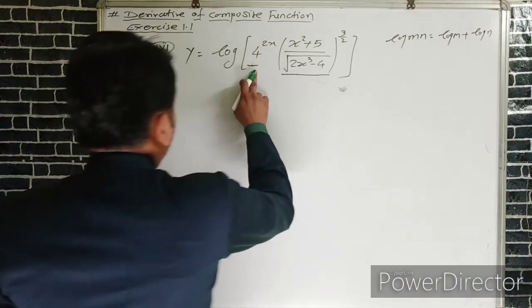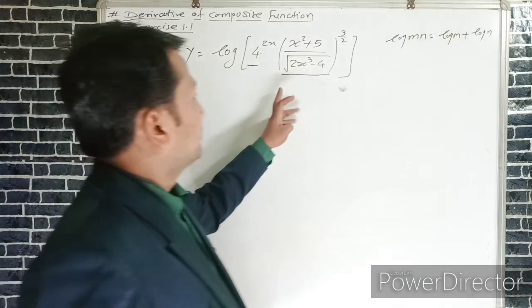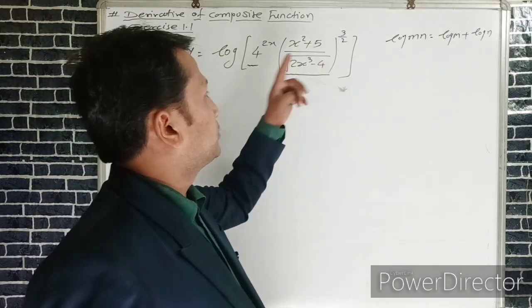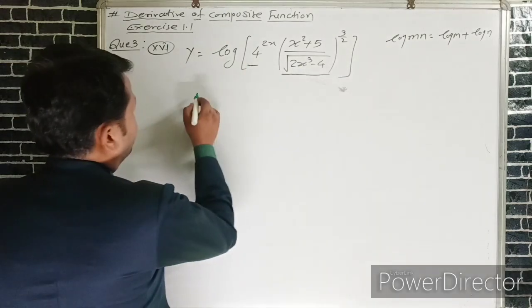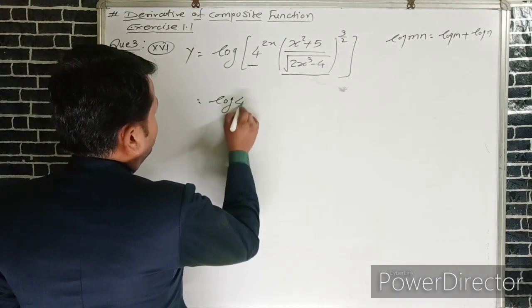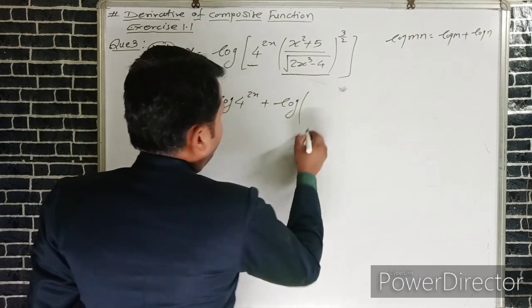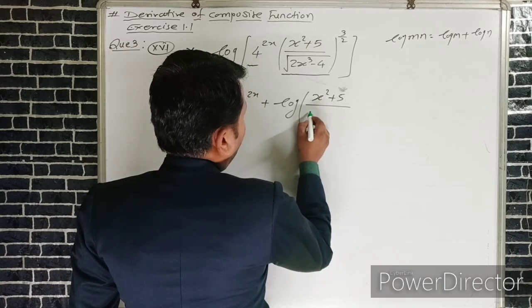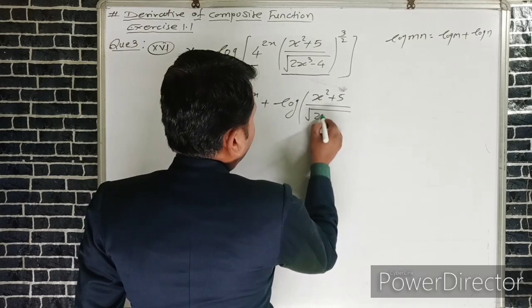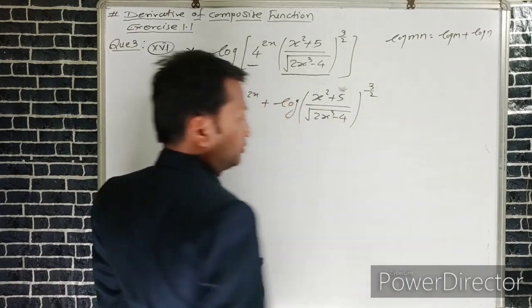Here we consider the first term m is 4 raised to the power 2x and the second term n is x square plus 5 upon under root 2x cube minus 4 whole raised to the power 3 by 2. Then we can write log of 4 raised to the power 2x plus log of x square plus 5 upon under root of 2x cube minus 4 whole raised to the power 3 by 2.